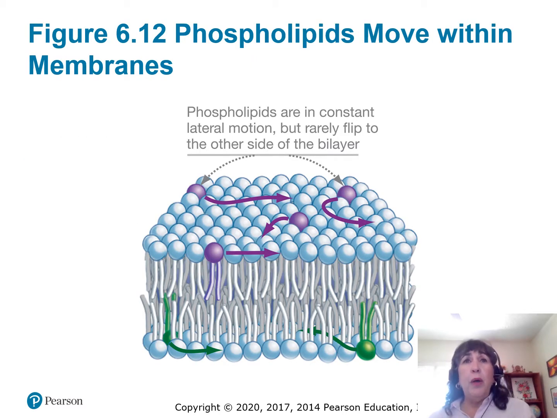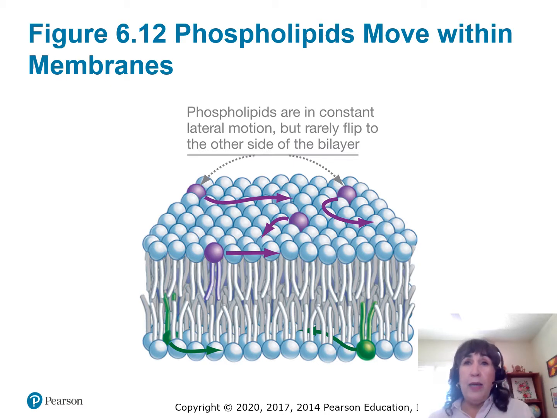Figure 6.12 shows that actually the phospholipid bilayer is always moving around. When I was really young and someone was instructing me decades and decades ago, what does a phospholipid bilayer look like, I always used to think that it looked like cellophane or plastic wrap, this thin sort of hard layer that was surrounding a cell membrane.